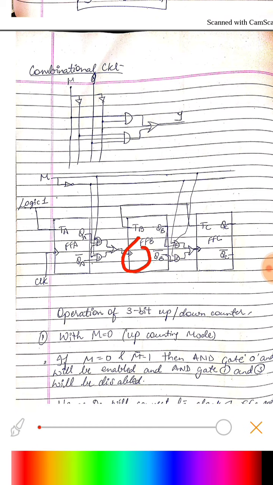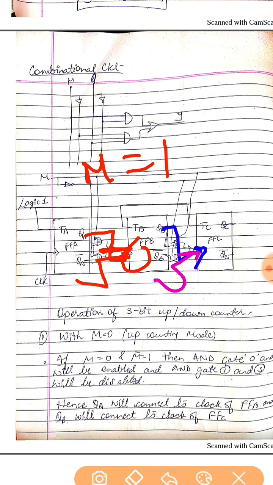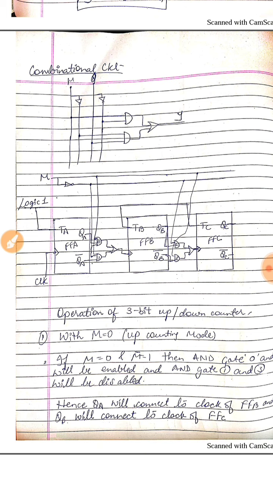So if m is 0, then qa will come here, and if m is 1, then this qa bar would come there. Similarly, if m is 0, this qb bar would feed the clock, and if m is 1, this qb bar would feed the clock of the next flip flop.